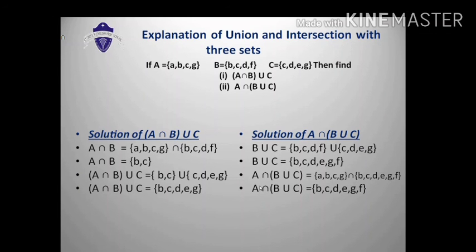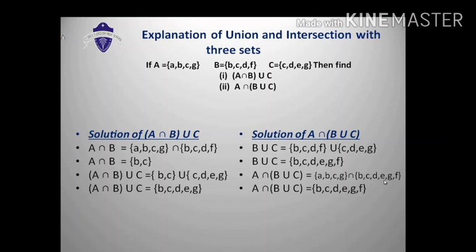Now in the next step, we will find the intersection between the resulting union set and the set A, that is equal to the members of the set A intersection the members of the resulting union set.